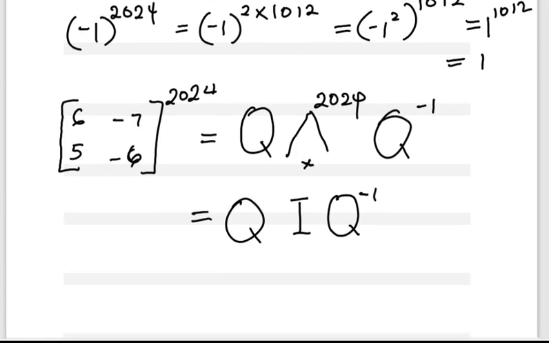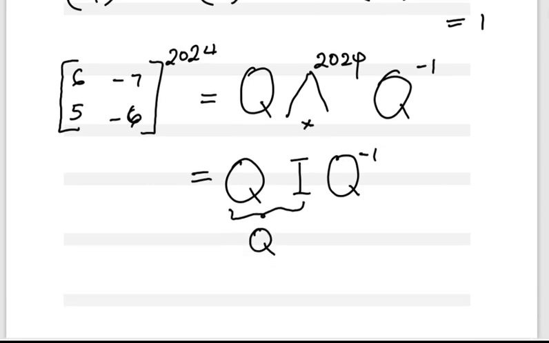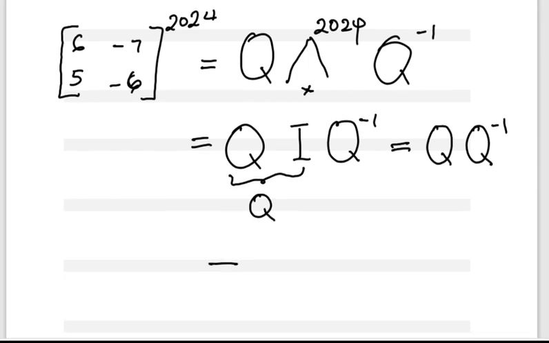When a matrix multiplies a unit matrix, we get back that matrix, so this gives us back Q. This is simply the eigenvector matrix times its inverse, and Q times Q inverse is just the unit matrix.